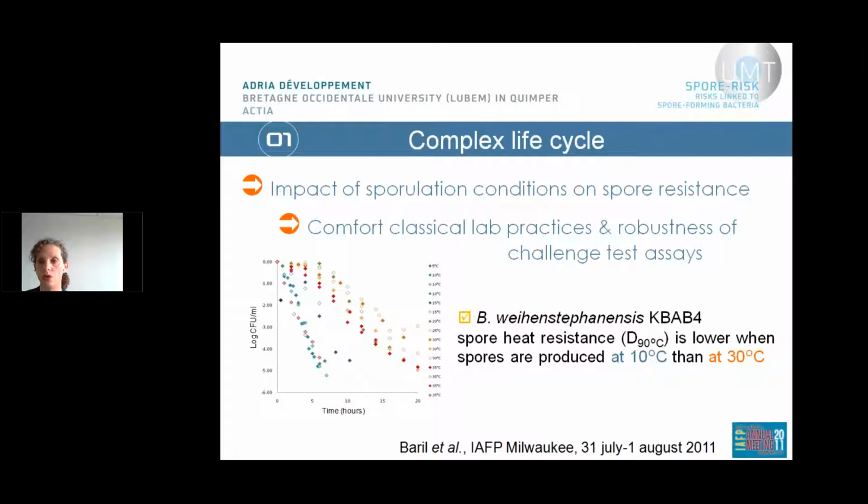And these conditions are most of the time performed in optimal growth conditions because you want to have a quick production of spores. These results comfort and increase the robustness of these practices because the spores that will be produced in the lab will also be the spores which will maximize the risk, because they will be the most resistant obtained.